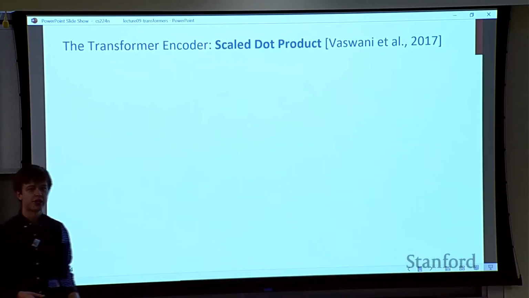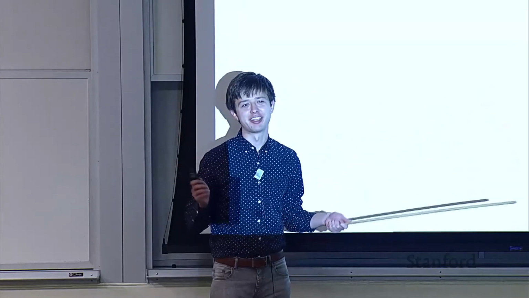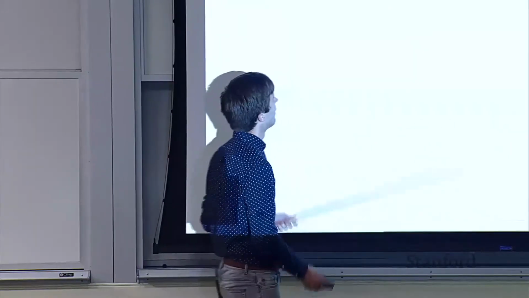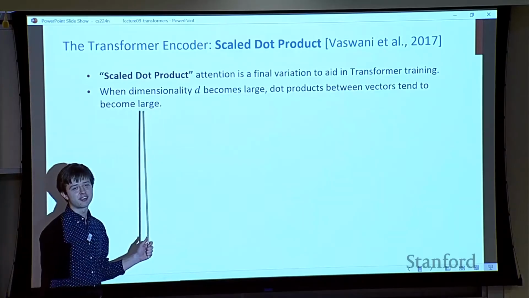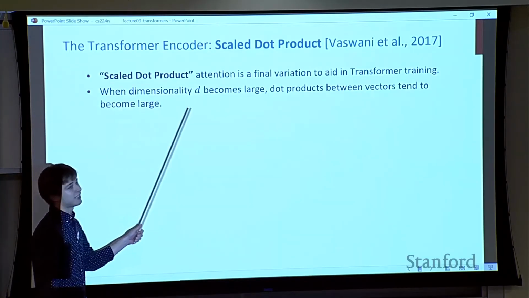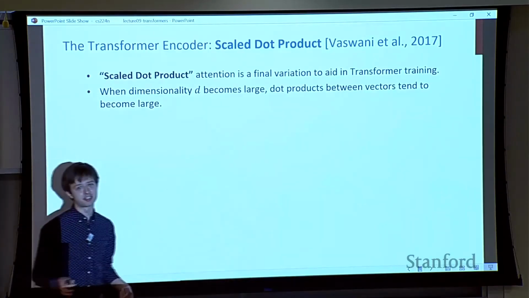The third trick is probably the simplest one, but it's useful to know, and you can call it scaled dot product attention, because we're going to scale the dot products like so. What we're going to do is start from this intuition that our dimensionality d in really big neural networks is going to become very large.